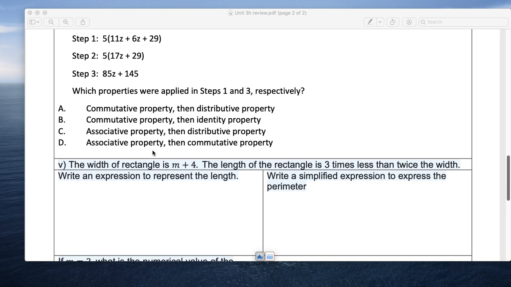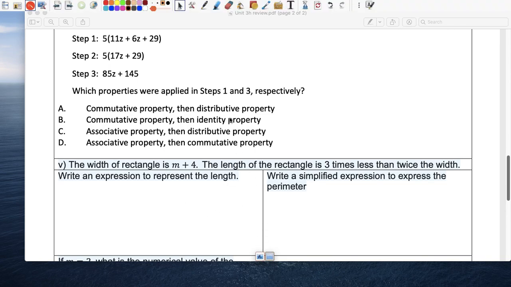The width of a rectangle is m plus 4. The length of the rectangle is 3 less than twice the width. Here's the rectangle. Drawing always helps. The width, we're calling it m plus 4.